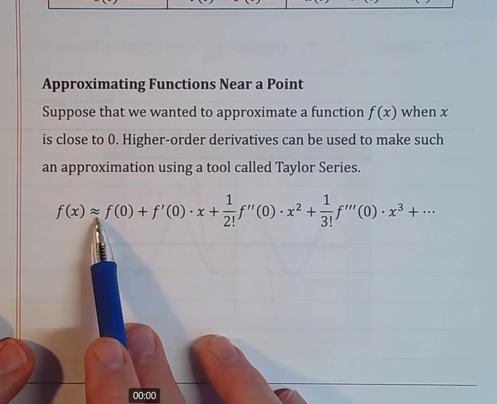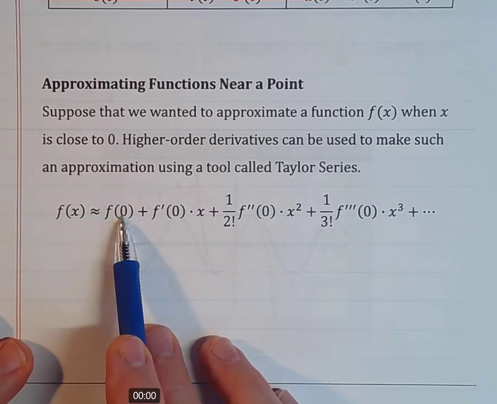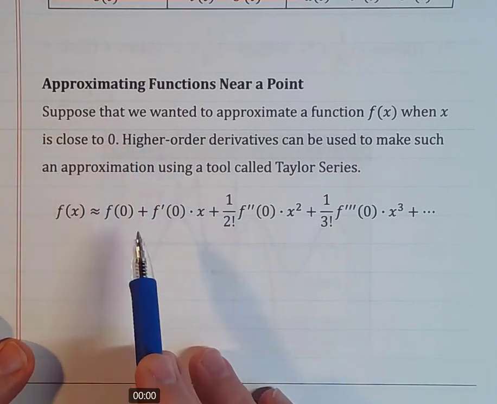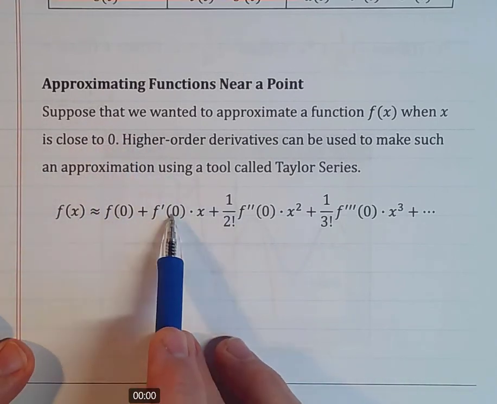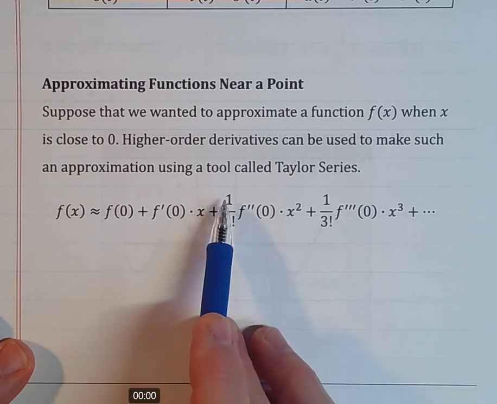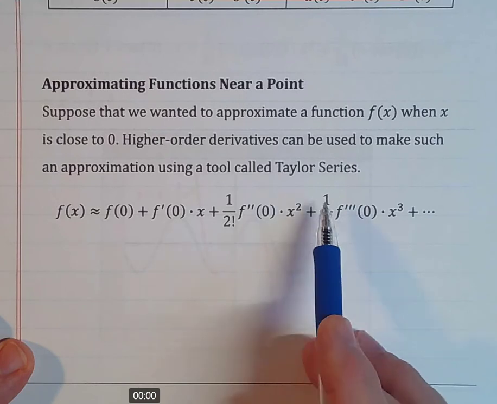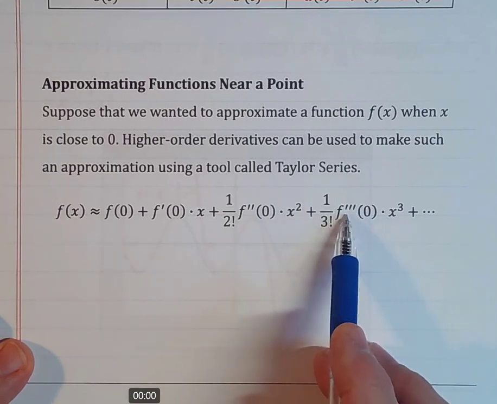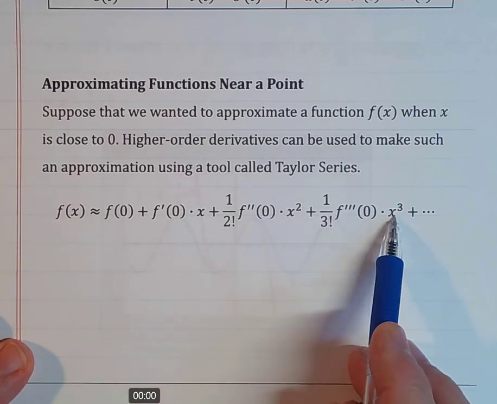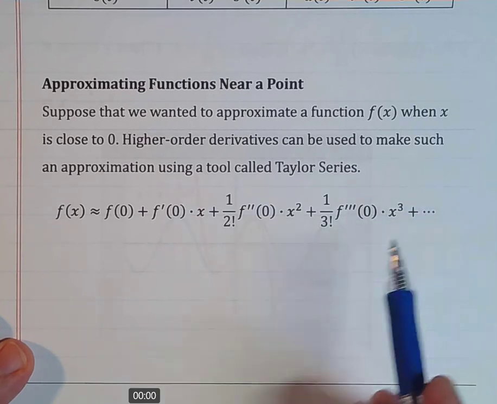And so f of x is approximately equal to, for when we're close to 0, f of 0 plus f prime of 0 times x plus 1 over 2 factorial f double prime of 0 times x squared plus 1 over 3 factorial times f triple prime of 0 times x cubed. And we can keep on going here.